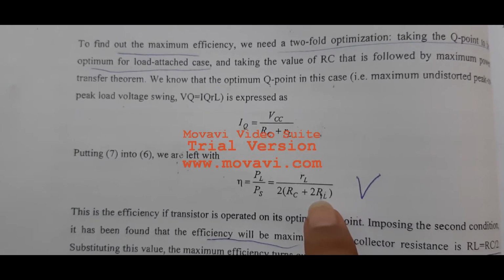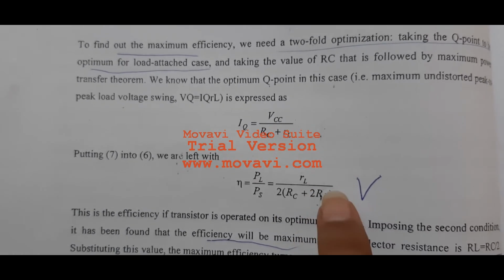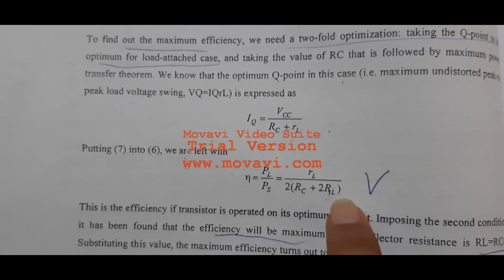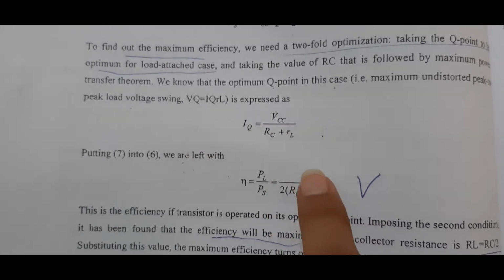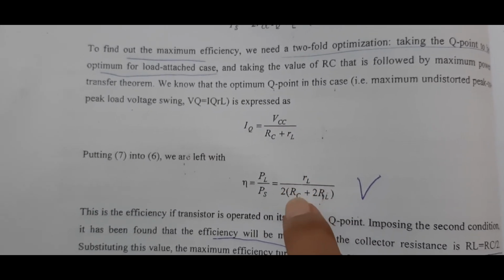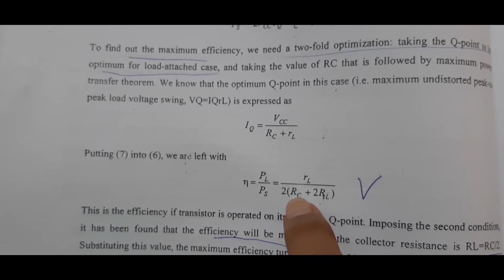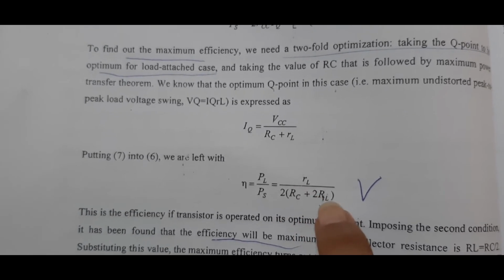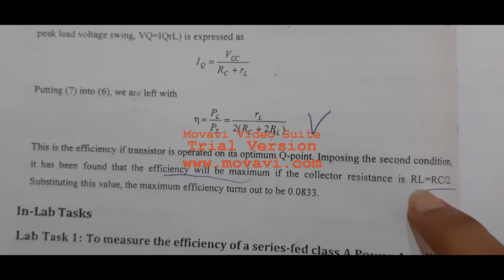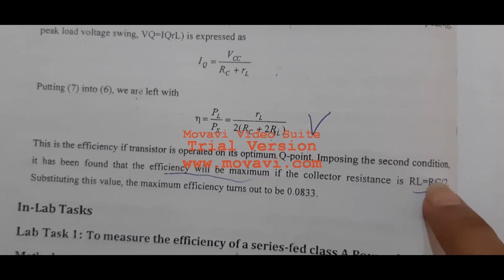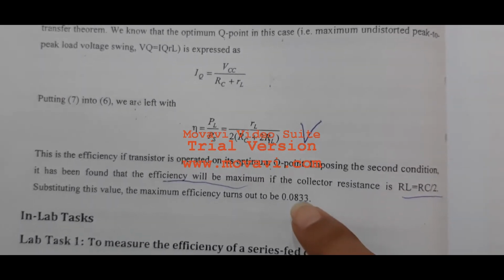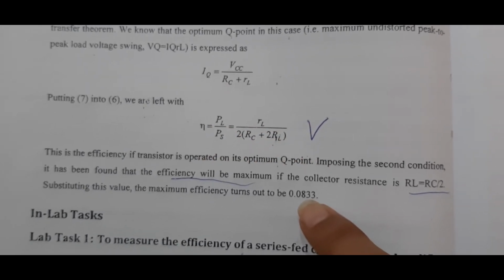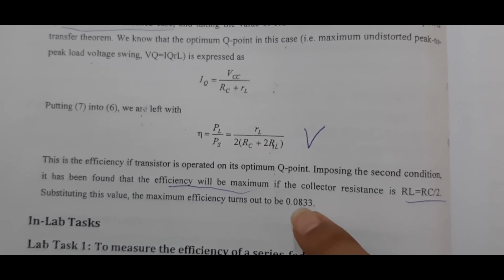It can be a loudspeaker or the output resistance of any device that you are using to operate, and the designer can change only the component RC, which should be designed so that the maximum power is delivered to this load. So if we take RC divided by 2 equal to RL, then the maximum power will be given by this capacitor coupled class A power amplifier, which is given by these values.